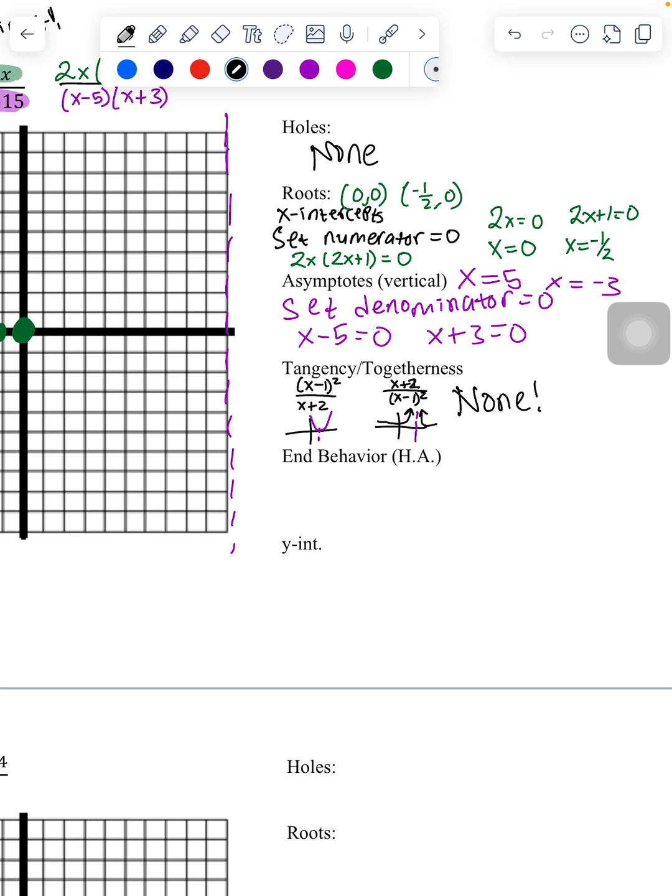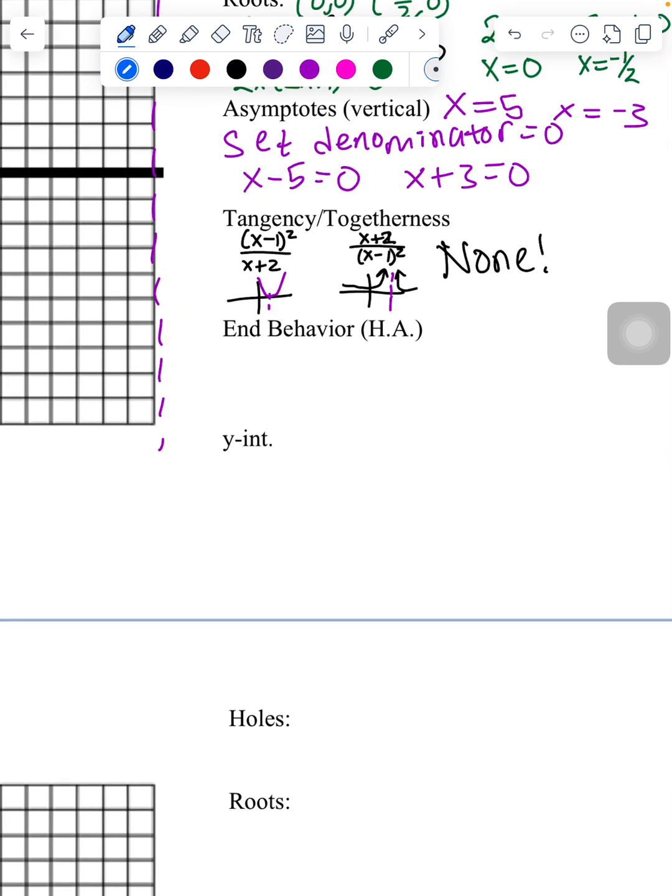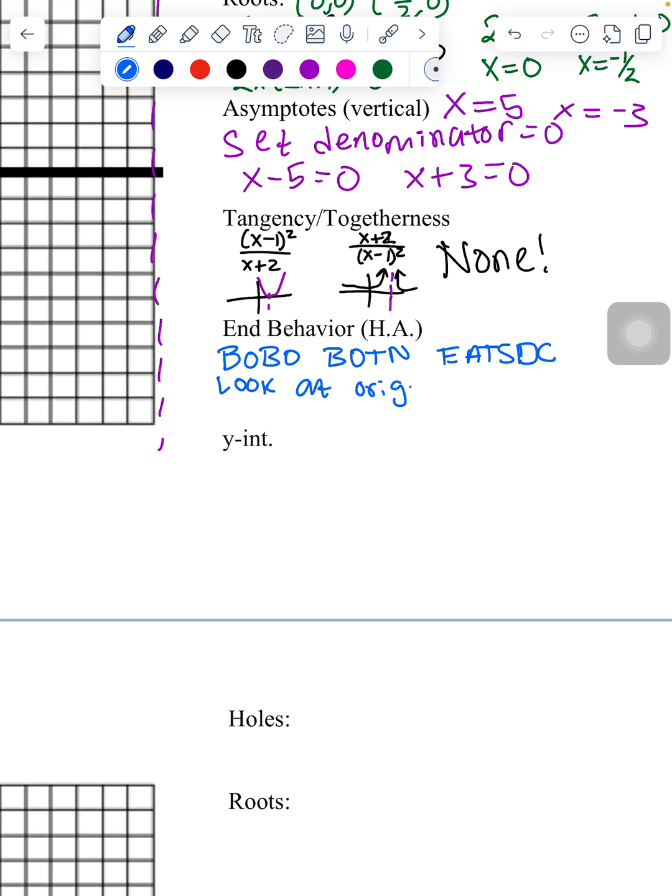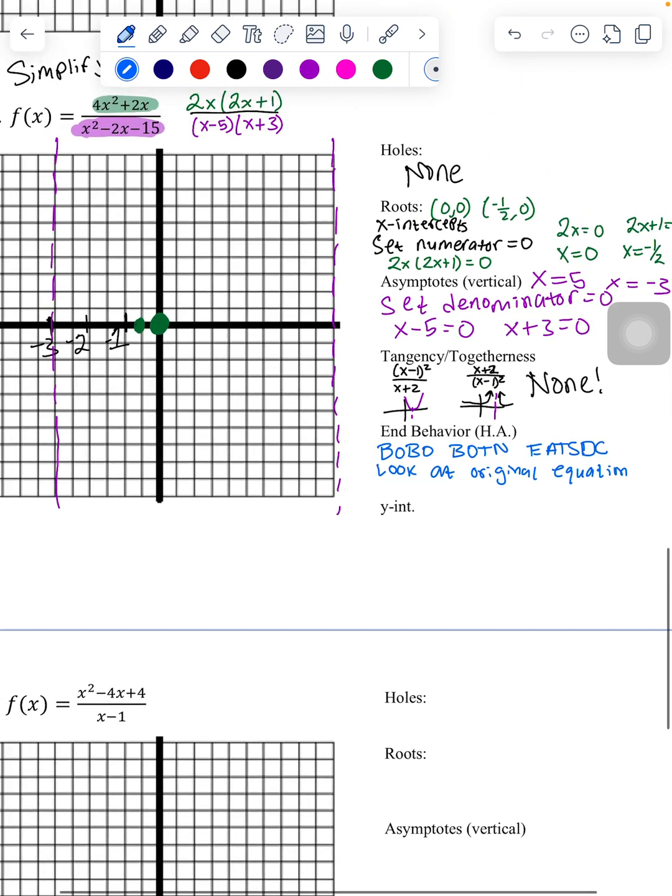All right, so now let's talk about end behavior. So end behavior, as we said earlier when we talked about horizontal asymptotes, uses the Bobo-Botten Eats DC. And in our case, I want to look at the original equation, the unsimplified equation, because it is the easiest to look at for the end behavior, in my opinion.